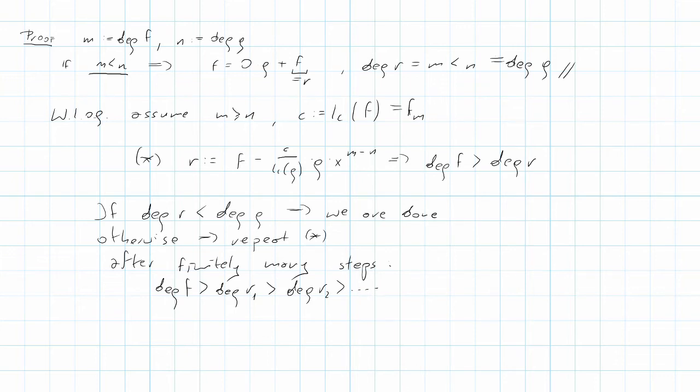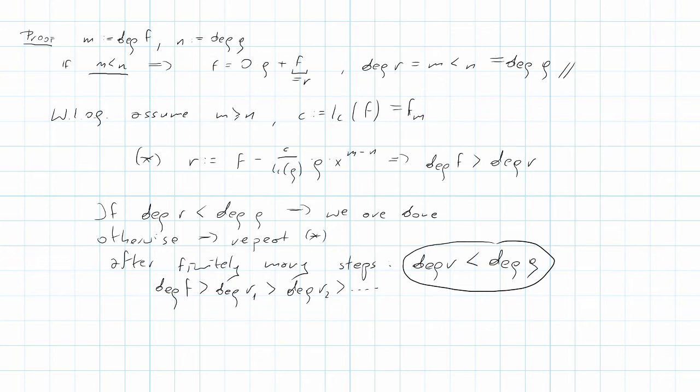So after finitely many steps, the degree of the polynomial r must finally be smaller than the degree of g, and if it's smaller than the degree of g, we are done. Then we are now in case 1, so the degree of r is less than the degree of g, and this is actually what we want to prove.